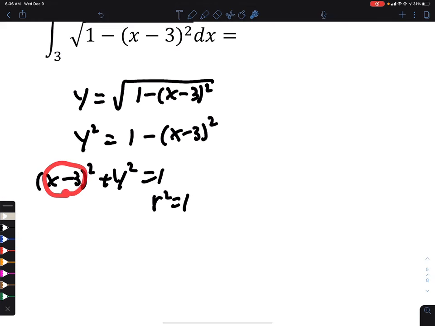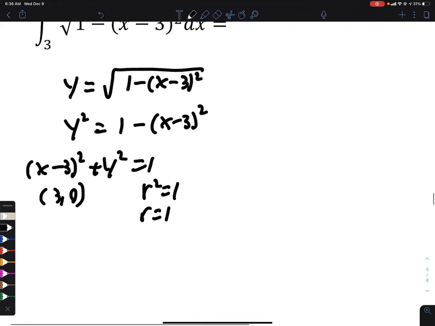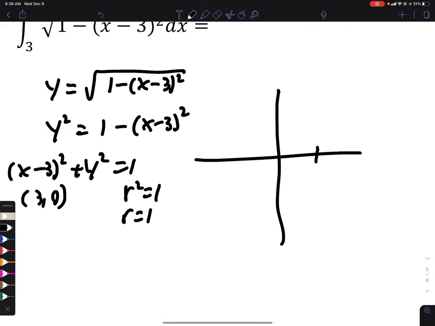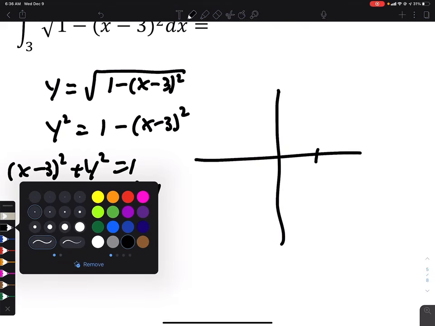This says the center is at 3, 0 with a radius of 1. So you do know what that looks like. It is a circle with a radius of 1. Oh, except the center's at 3, 0. Sorry. I messed up. Let me do this over again. The center's at 3, 0.